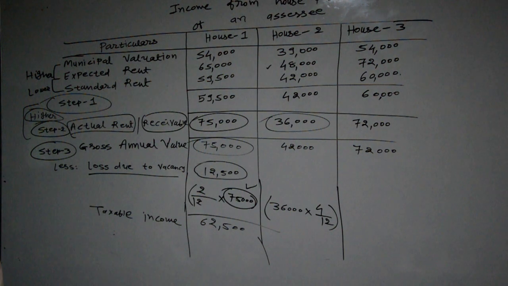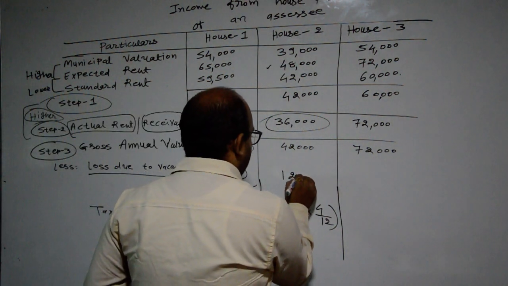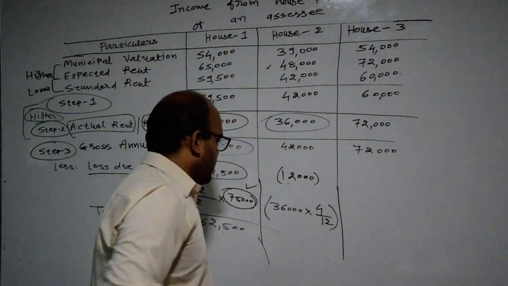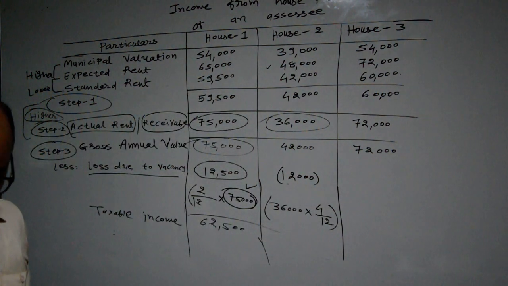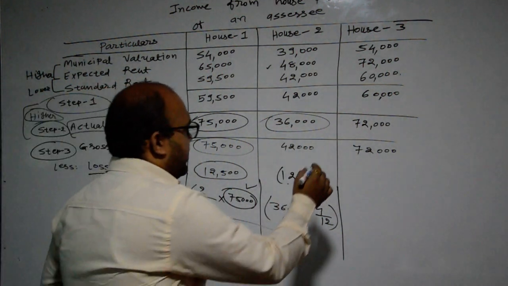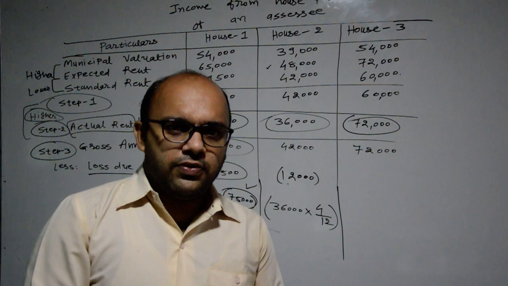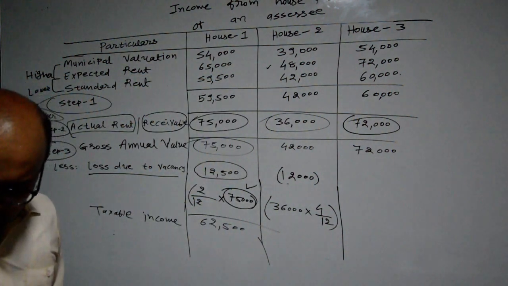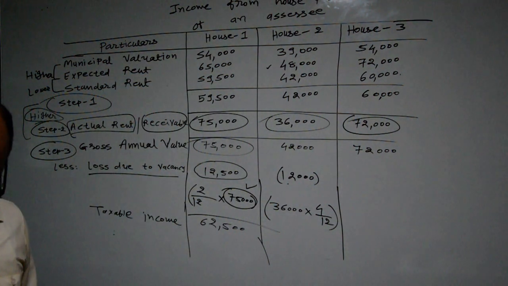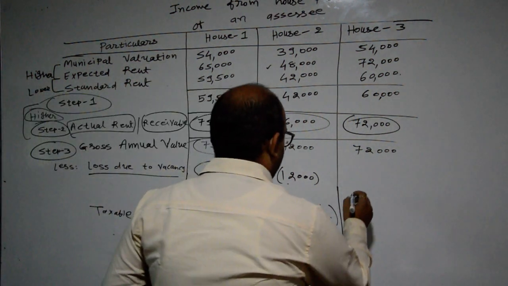So 36,000 into 4 by 12 is 12,000 rupees. Then 72,000 is the actual rent for the next house, which has loss due to vacancy of 2 months, means 72,000 into 2 by 12, that is 12,000.